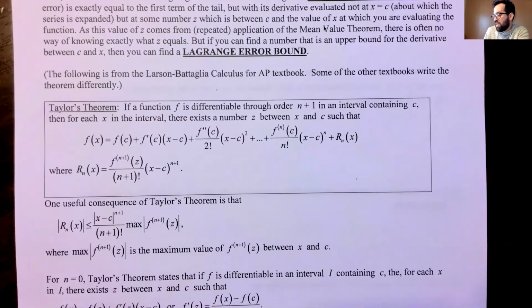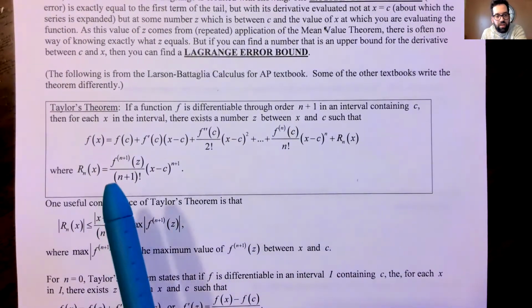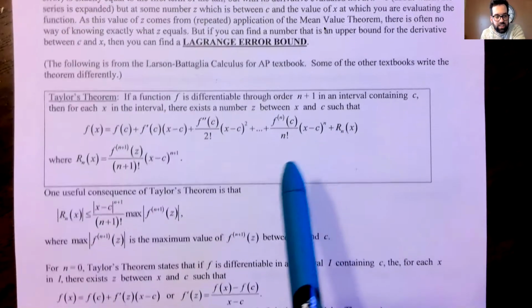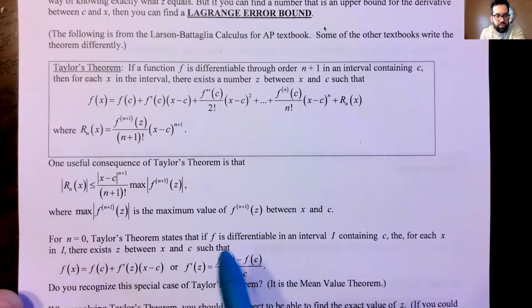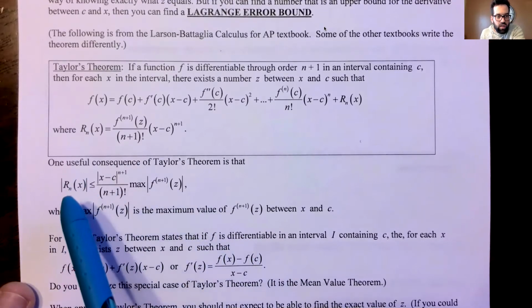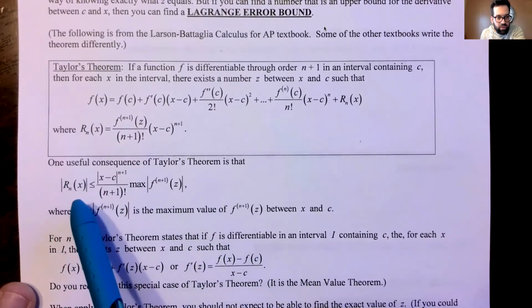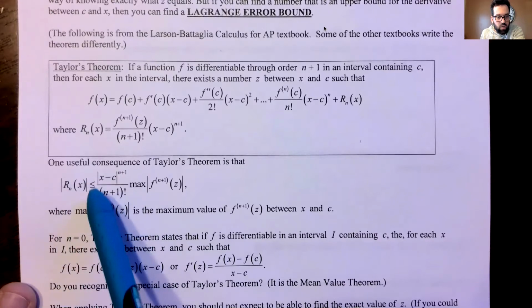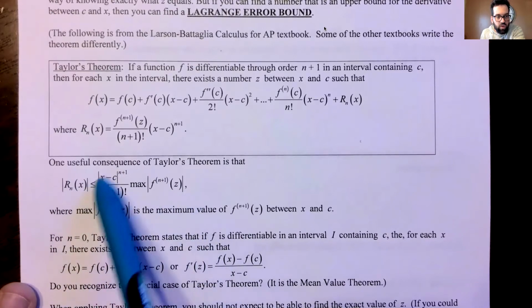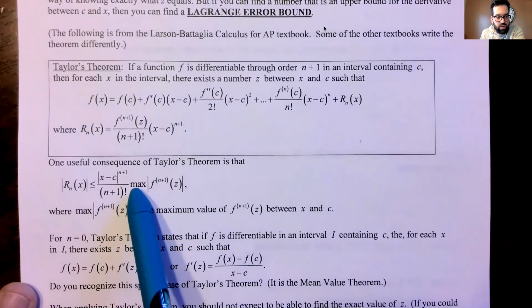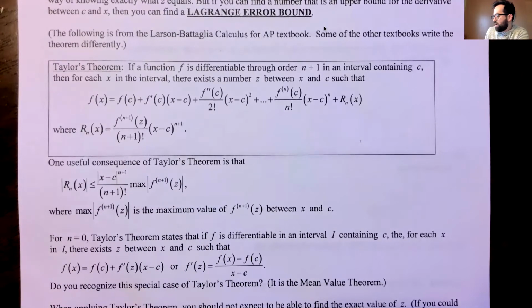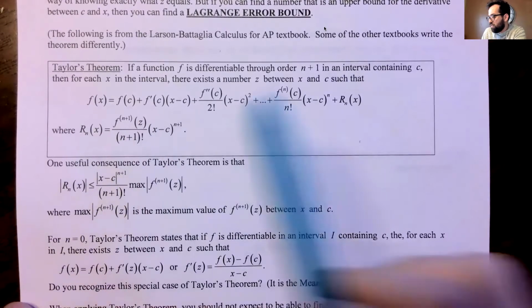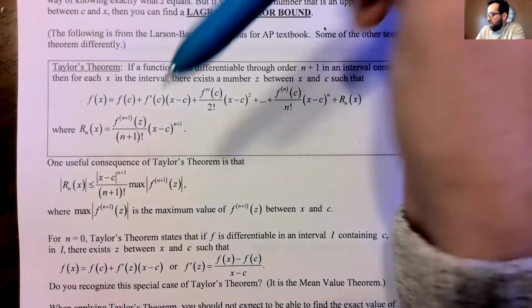It still deals with the next term of the series that we are cutting off, the first truncated term. So the absolute value of the remainder is always less than or equal to this term with a maximum value of the y value. Okay, so this is where it gets a little bit weird. You might ask, what is z?